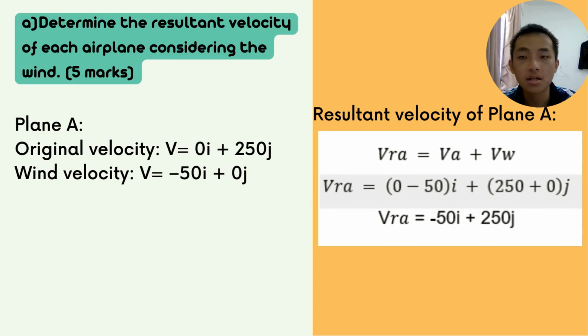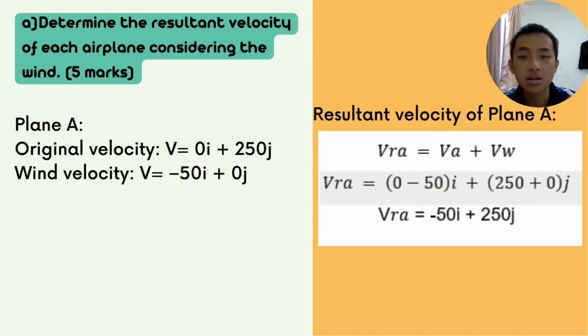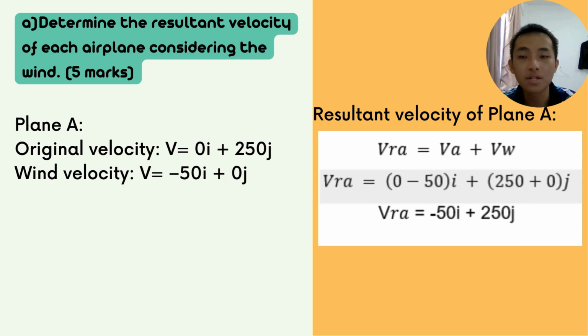Question A. Determine the resultant velocity of each airplane considering the wind. So we need to find the resultant velocity for plane A first. The resultant velocity for plane A is, we just need to add up the original velocity and the wind velocity.